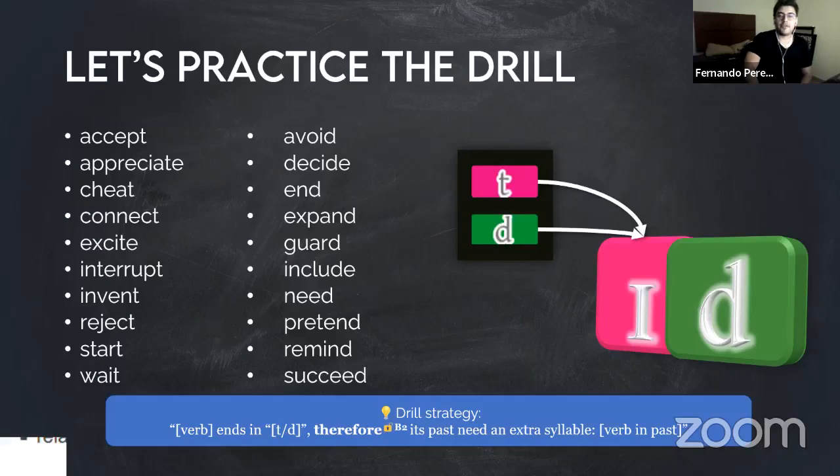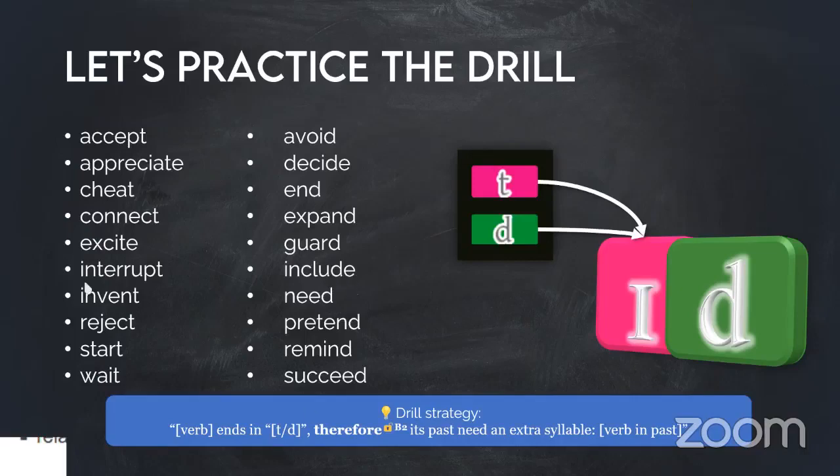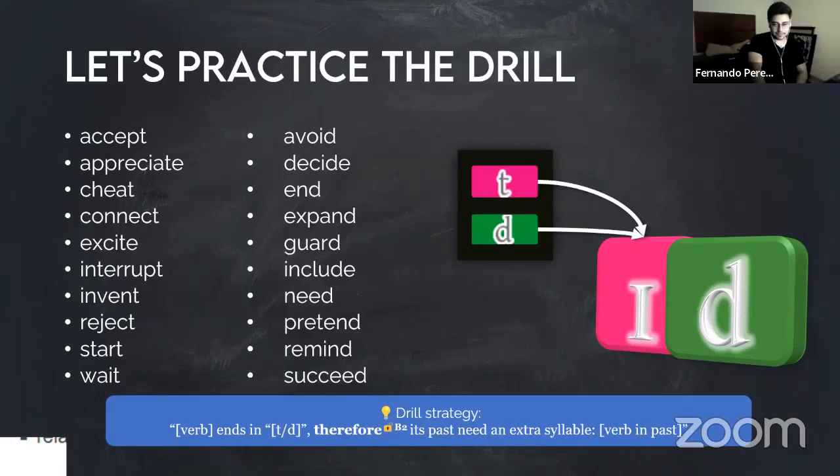Val, how do you know the past of include? Include, the verb ends in E? No. In the alphabet, yes.